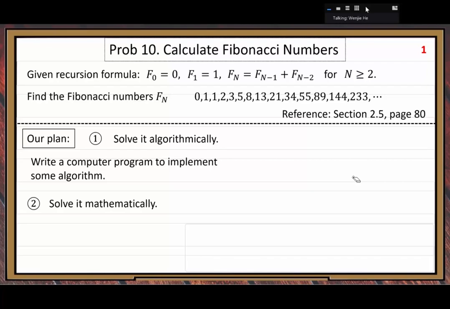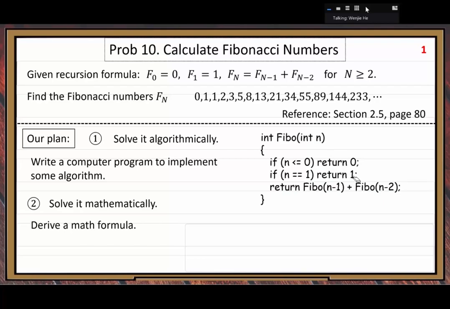Now let's work on the first approach. You write a computer program to do the calculation. This is, let's say, the brute force method. We just call the recursive function directly without any preparation, any special treatment.